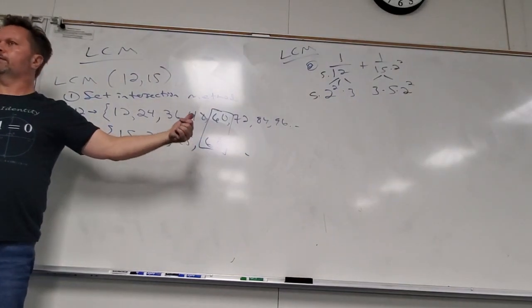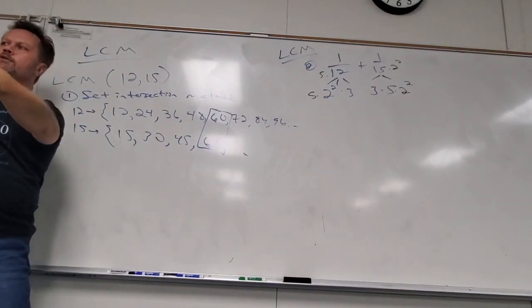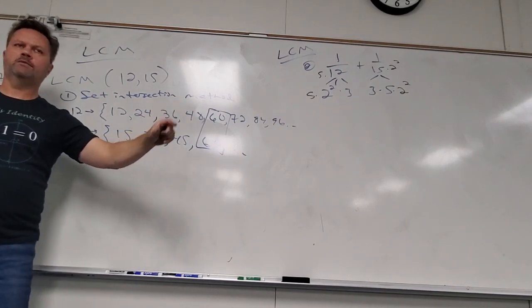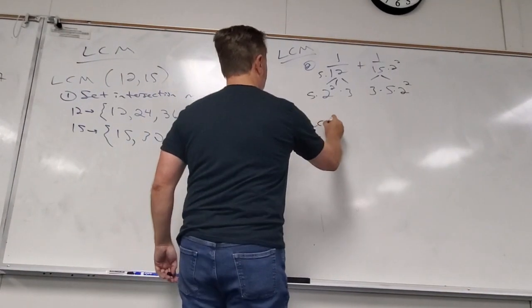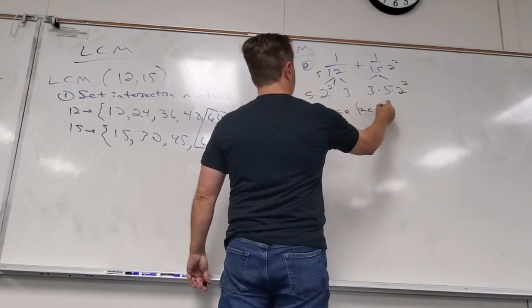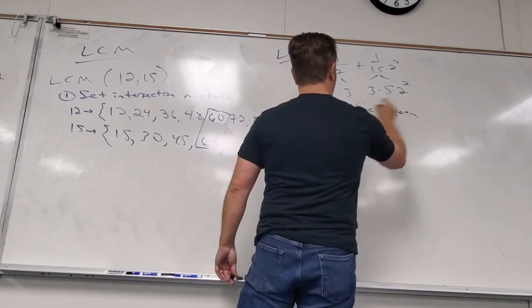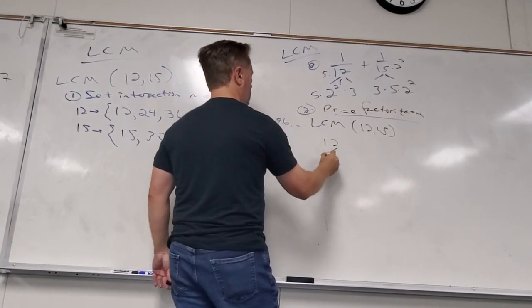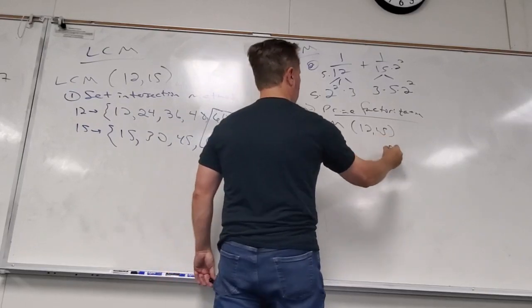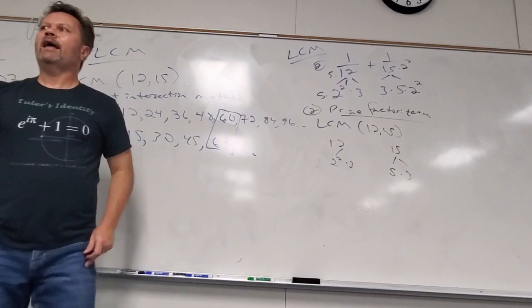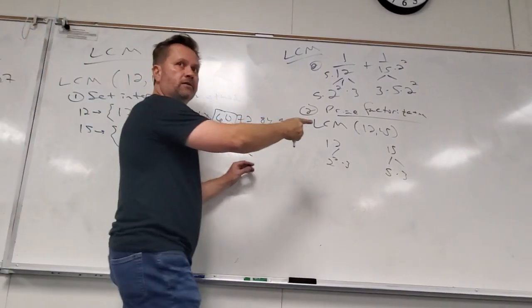Least common multiple, 60. So there's a prime factorization method for this also, so you don't have to make fractions. Let me show you what it will look like. So method 2 is prime factorization. LCM of 12 and 15. You would take 12 and prime factor it, and you take 15 and prime factor it. And then the answer has to have 12 in it, correct?